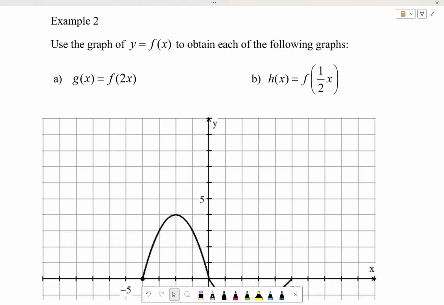So that 2x, that 2 is actually going to be a horizontal compression by a factor of 1/2. So this is horizontal compression. By a factor of 1/2.